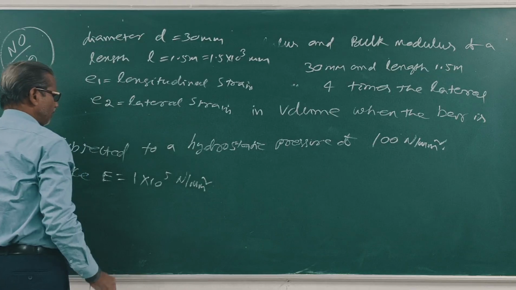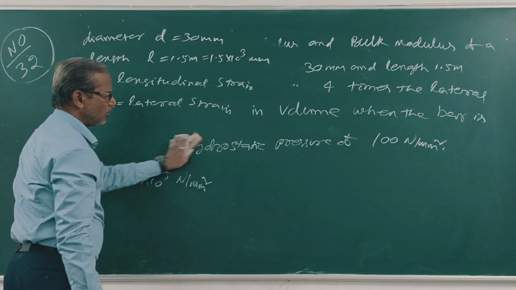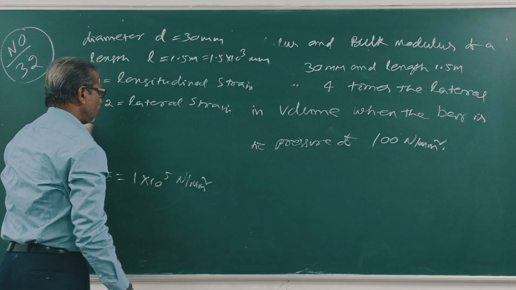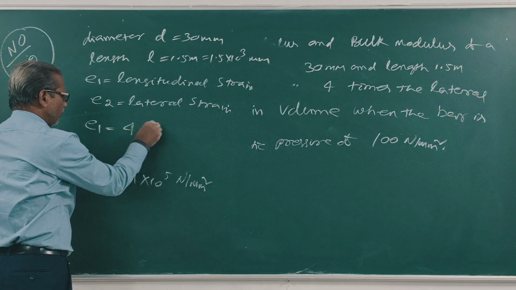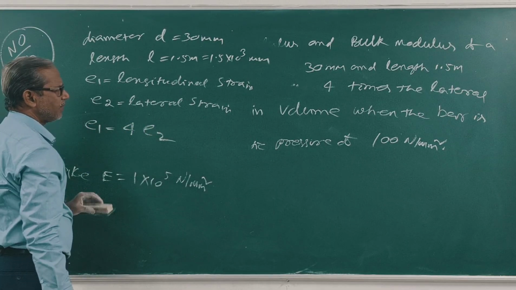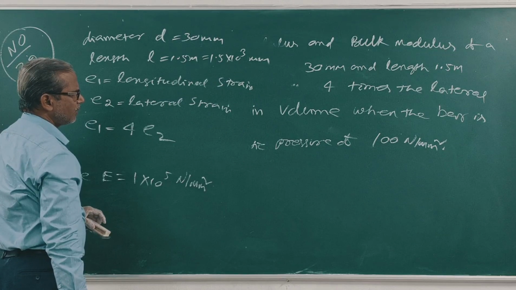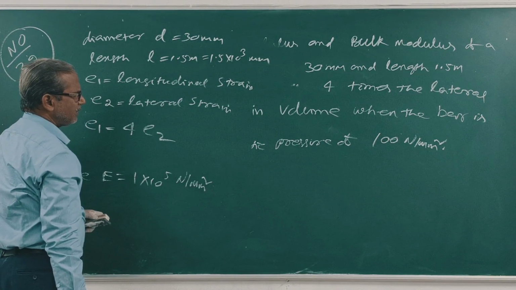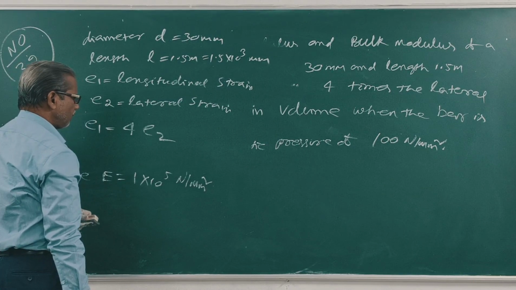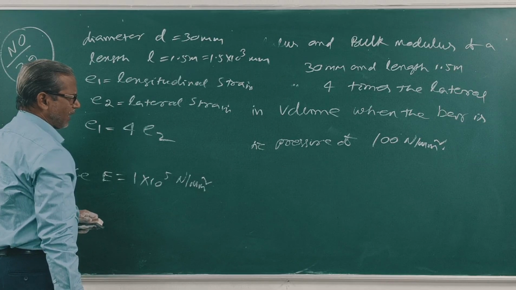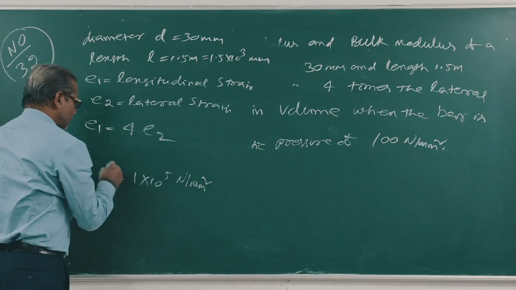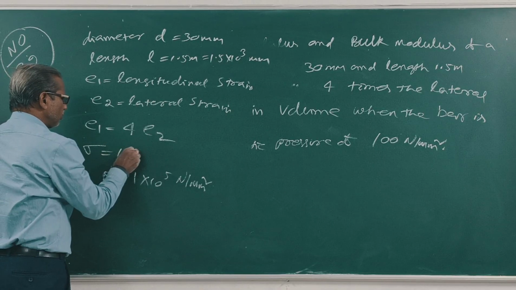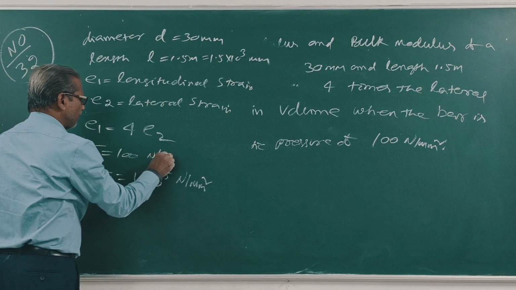Now, what is E1 equal to? 4E2. This is given. Clear? Also find the change in volume when the bar is subjected to a hydrostatic pressure of 100 Newton per mm square. Stress sigma is equal to 100 Newton per mm square.